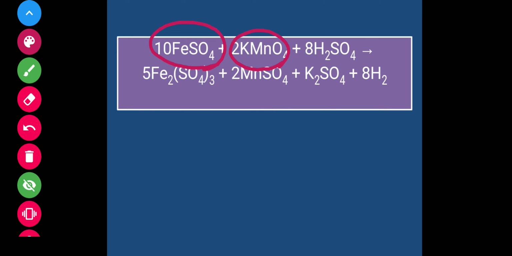In this reaction FeSO4 is converted to Fe2(SO4)3. The conversion, you can see in the ionic reaction.